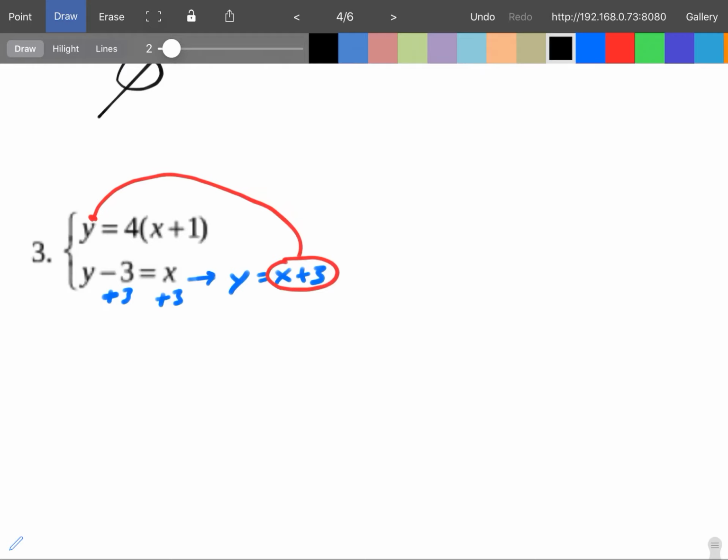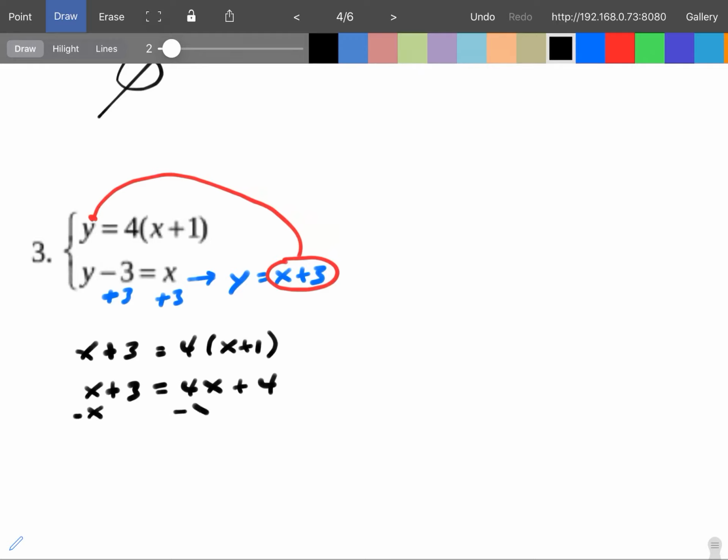So now the top equation will become x plus 3 is equal to 4 times the quantity x plus 1. Then I'm going to go ahead and distribute on the right-hand side. So I get x plus 3 is equal to 4 times x plus 4 times 1.